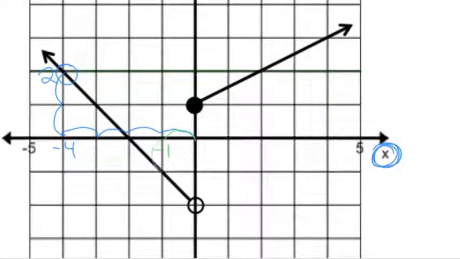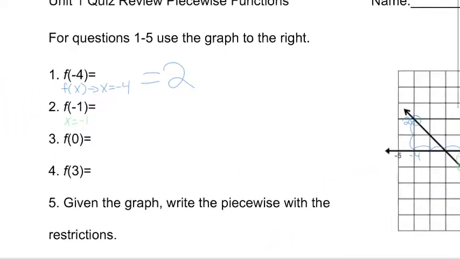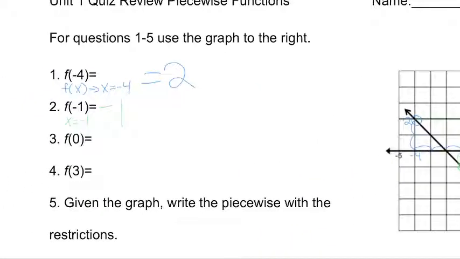Our y is down here at -2. Or -1, my bad. -1. So our x value is -1, our y value is also -1. So there's a point there. So our y value is -1.